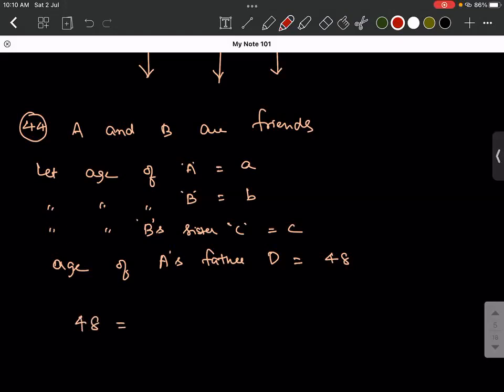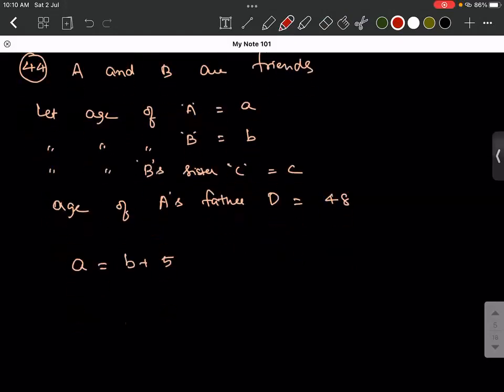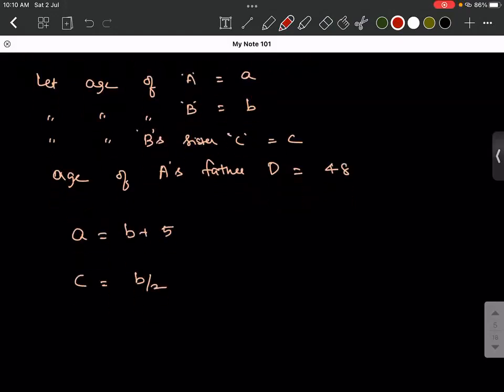So I'll come from the beginning. A is equal to B plus 5. C is equal to B by 2. Okay, then 48 is equal to 2B. Now you can solve it, it's easy.